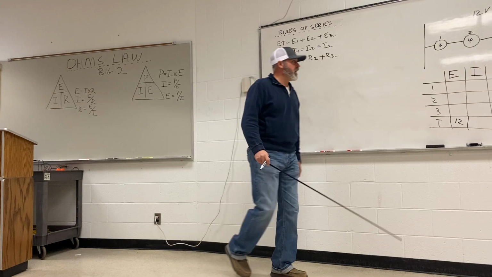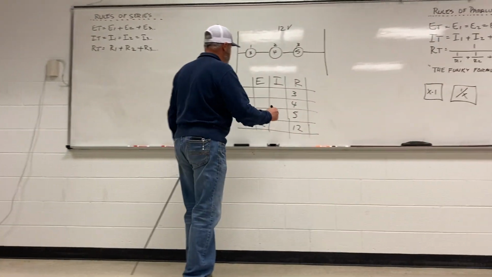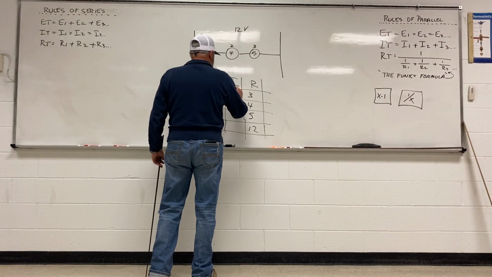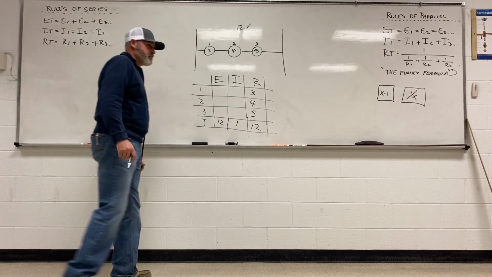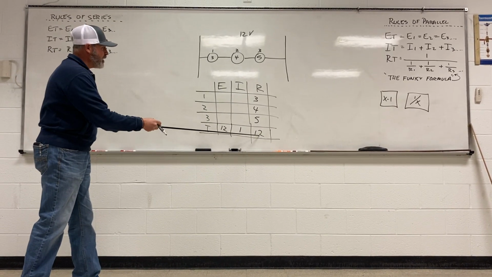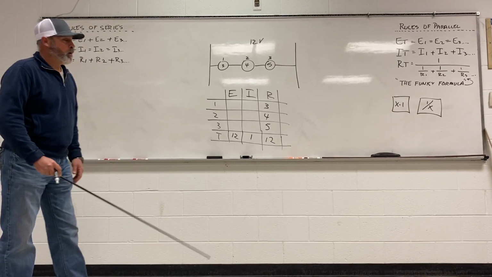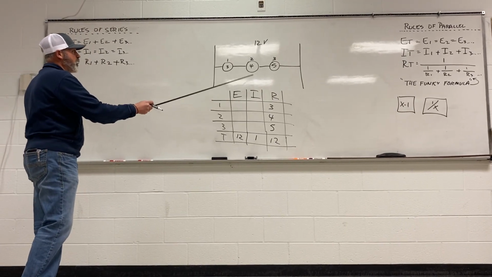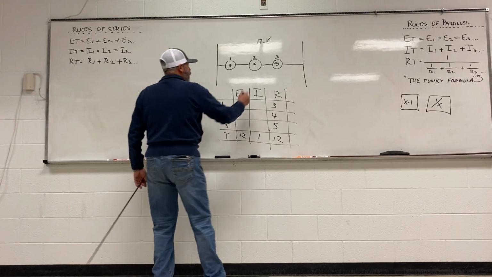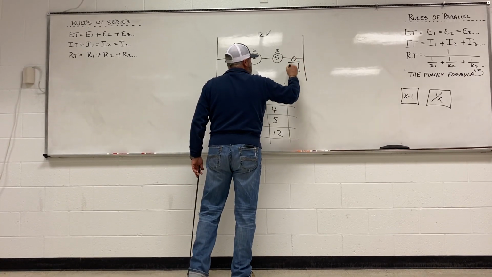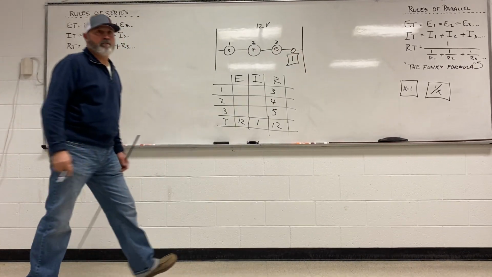And 12 divided by 12 is 1. So, E divided by R, 12 divided by 12 is 1. Now, we've established that our amperage, our total amperage in this circuit is 1.